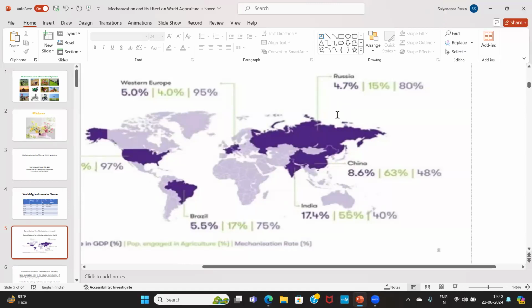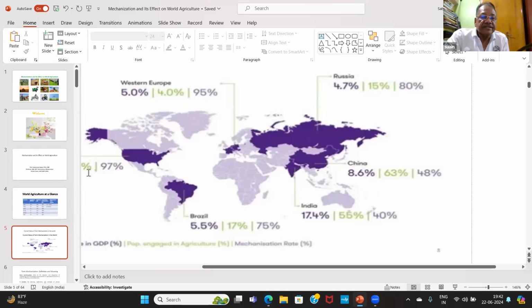Then in Russia, GDP contribution is 4.7%, 15% of the population is involved in agriculture, and the mechanization level is 80%. Then coming to Western Europe: GDP contribution 5%, 4% workforce, 95% mechanization level.